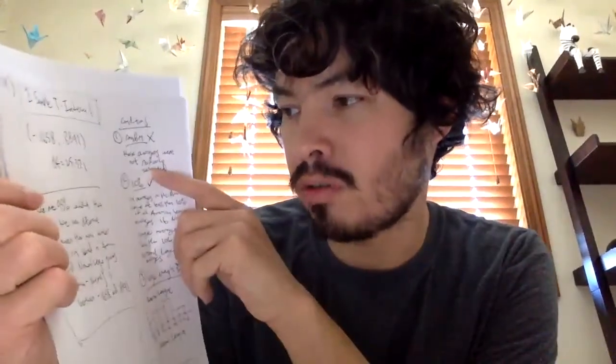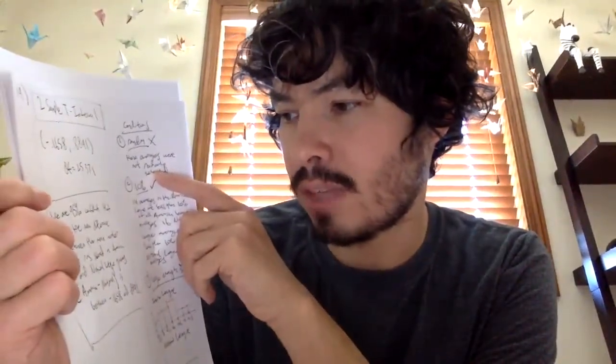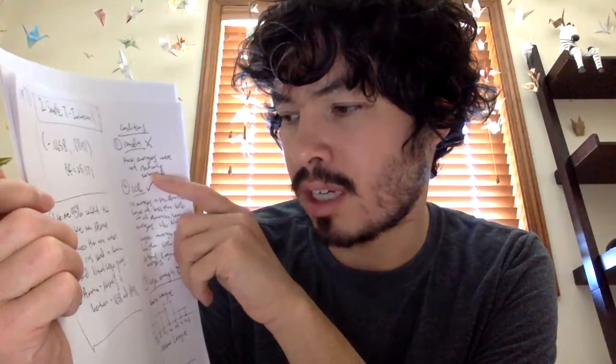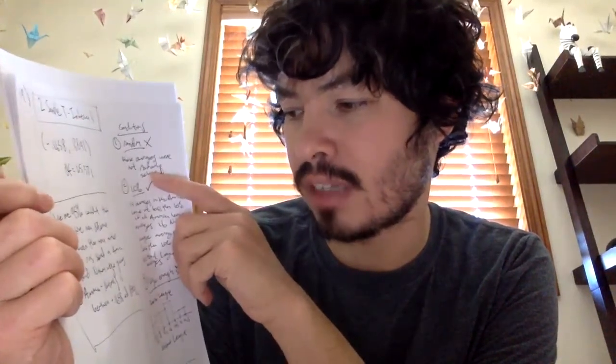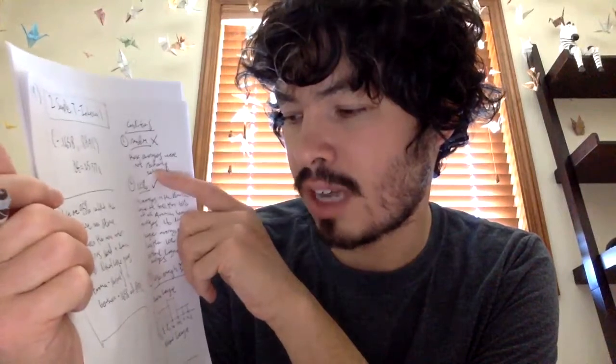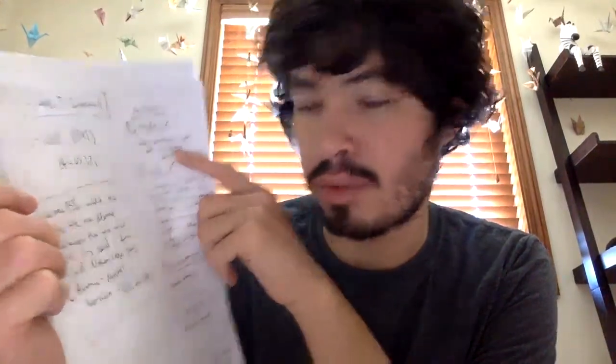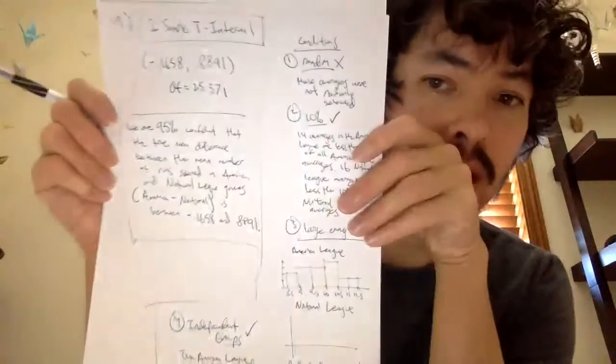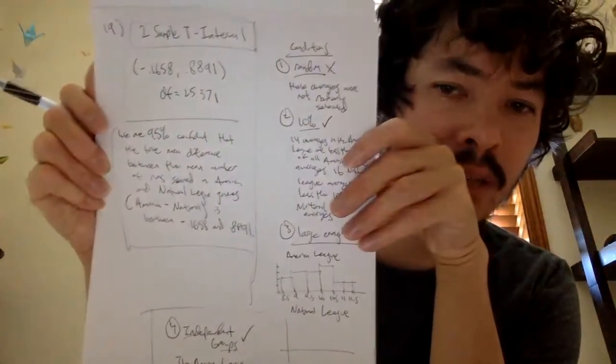All right, so here's our interval interpretation. We are 95% confident that the true mean difference between the mean number of runs scored in American and National League games, American minus national, is between negative 0.1658 and 0.8891. Sorry for my handwriting, but you can hear me say it, so you're good.